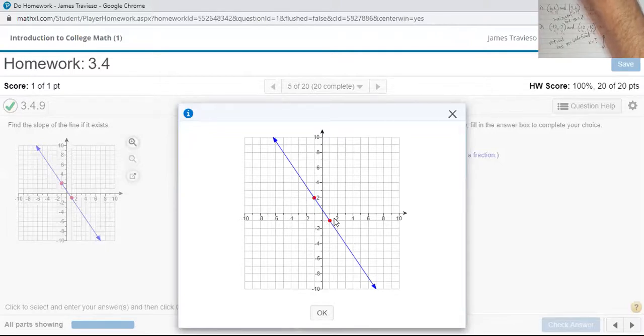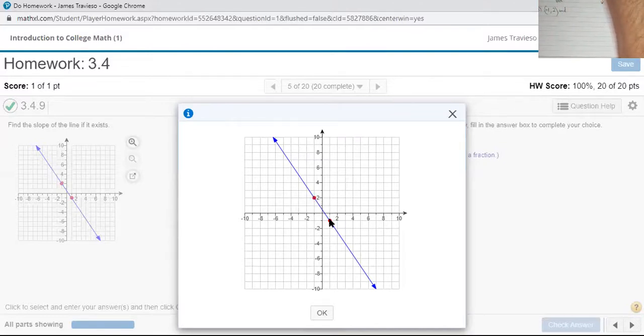But one of the easier ways is if I can just find out what this point is and what this point is, I can use the slope formula. So let's look at this first point here. What is this point right here? Again, you start at your origin, you go to the left 1, which would be -1, and then I go up 2. So my first point would be -1, comma 2.